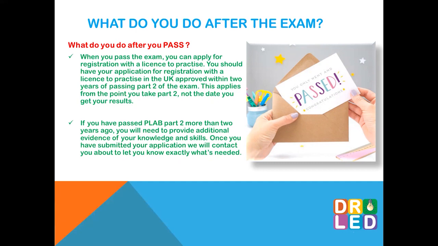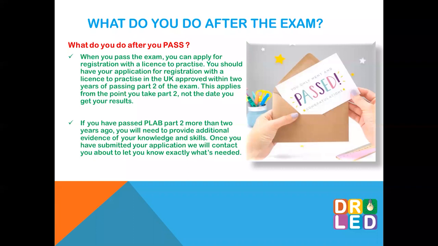This applies from the point you take part 2, not the date you get your results. If you have passed PLAB 2 more than 2 years ago, you will need to provide additional evidence of your knowledge and skills. Once you have submitted your application, we will contact you to let you know exactly what is needed. Okay, so the GMC is telling you this after passing your exam.